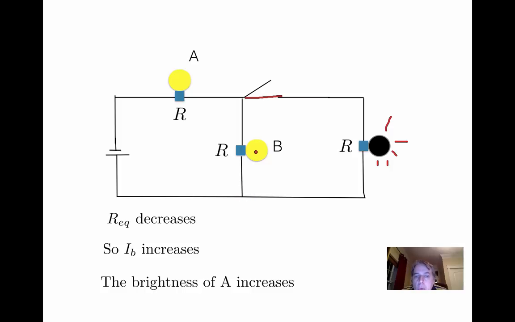So will the brightness of B increase or decrease? I'll let you try that. You can calculate the current flowing into B and compare it to the current before when the switch was open. You will find that the brightness of light bulb B actually goes down when we close the switch. So the brightness of A went up, the brightness of B went down. I'll let you try that. Thank you.